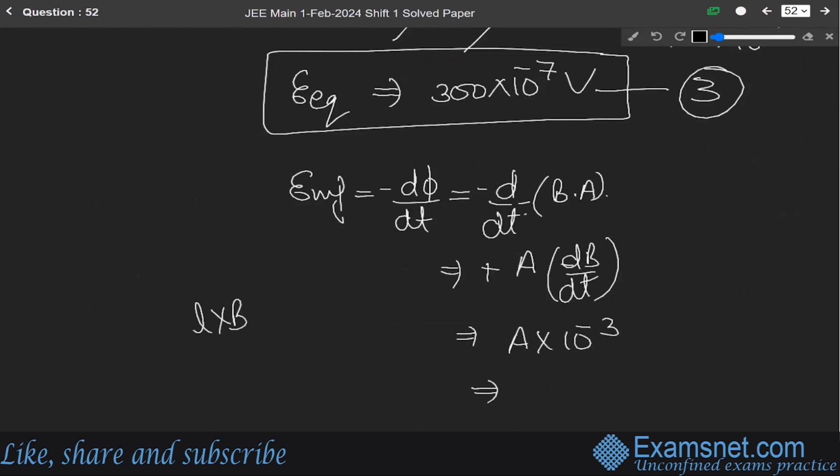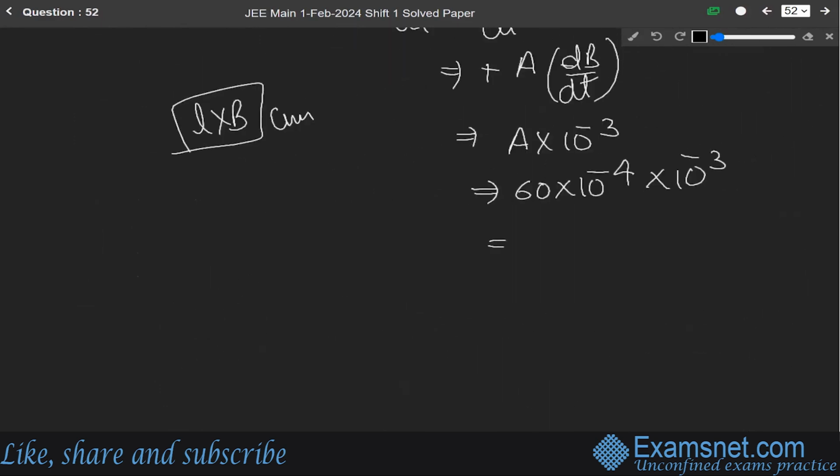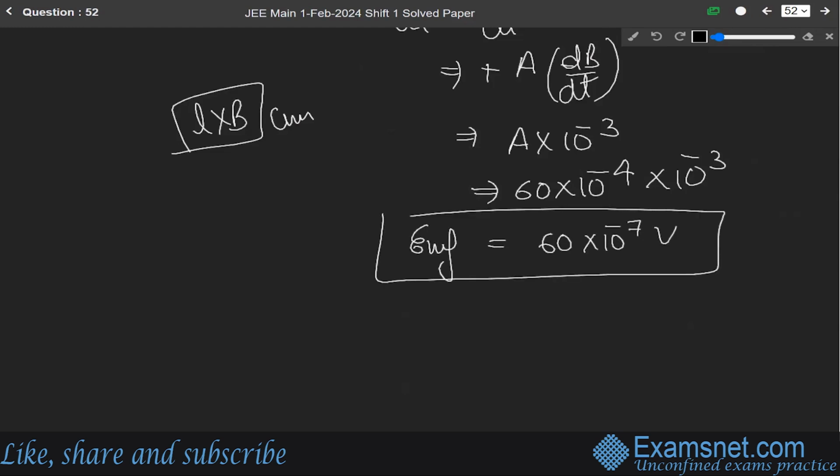Length is 12 and breadth is 5. Means 60 into 10 to the power minus 4, because both are given in centimeter, into 10 to the power minus 3. So it will become 60 into 10 to the power minus 7 volt. So EMF will be 60 into 10 to the power minus 7 volt. Let us say this is equation 4.